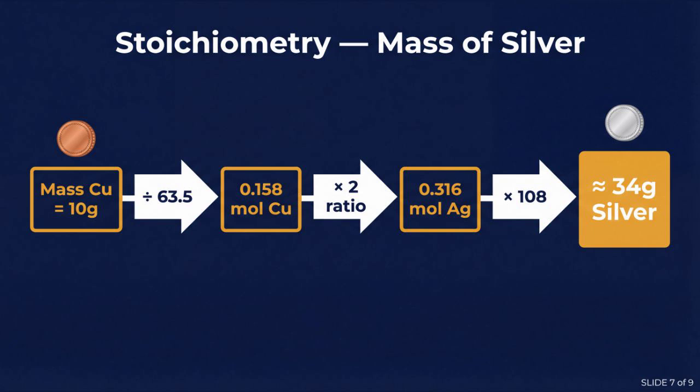The equation tells us 1 mole of copper gives 2 moles of silver, so we get 0.316 moles of silver. Multiply by silver's atomic mass, 108, and we get about 34 grams. That's between 20 and 40 grams. The method: mass to moles, use the mole ratio, then back to mass.